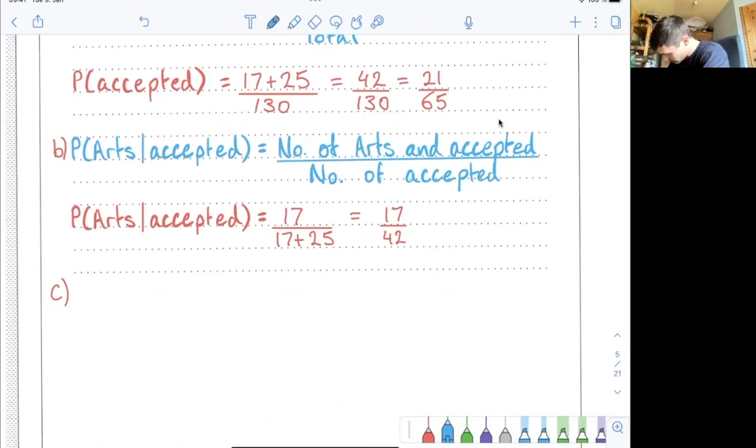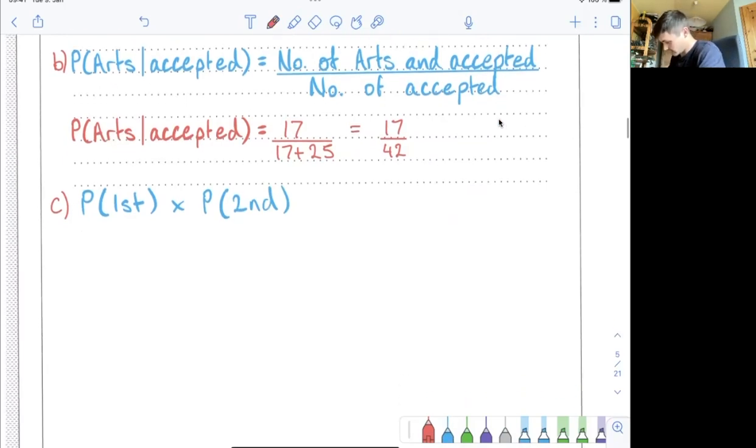Okay, so we're finding the probability that our first randomly chosen applicant applied to the arts program, and we're going to have to multiply this by the probability that the second randomly chosen applicant also applied to the arts program. So as we said before, we can do our first bit here. So that was going to be 17 plus 24 over 130.